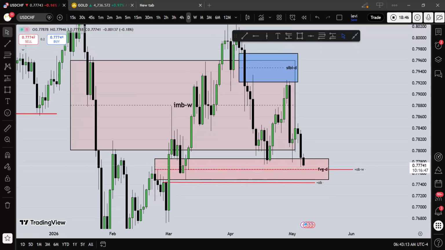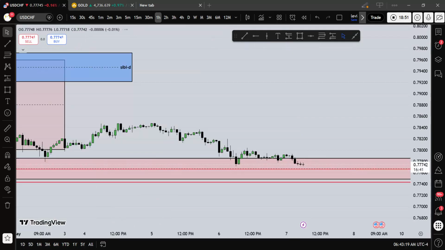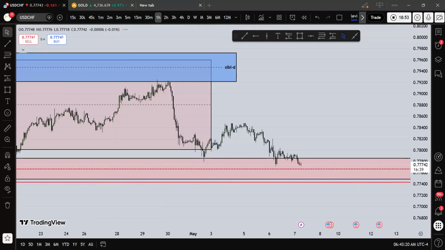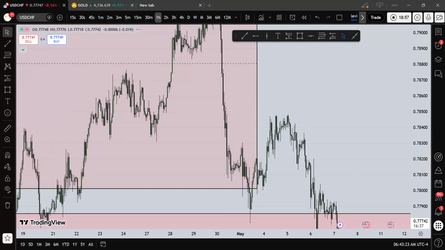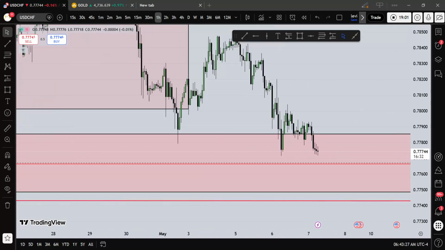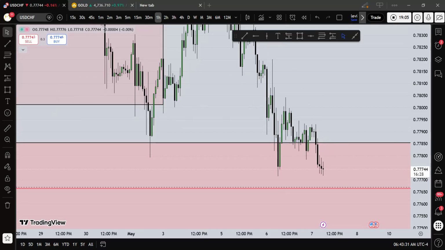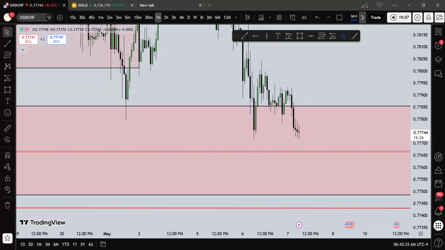Now let's go down to a 1 hour chart. 1 hour charts are where we look at runs on liquidity, to see where our liquidity is.